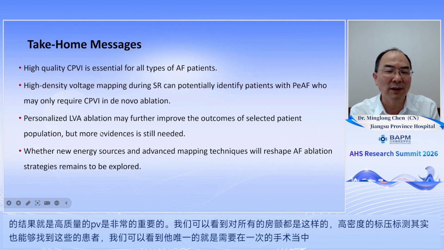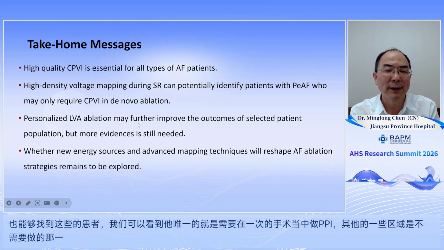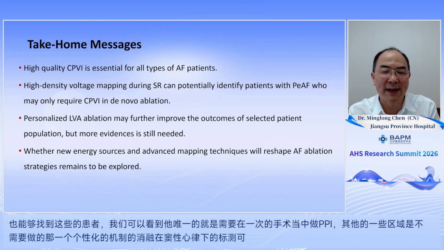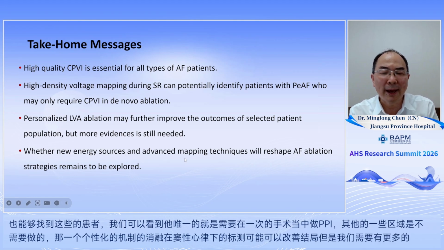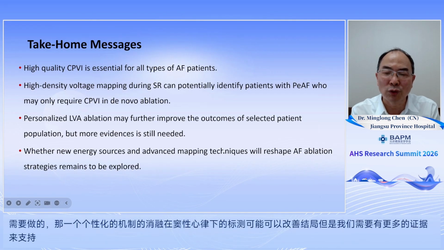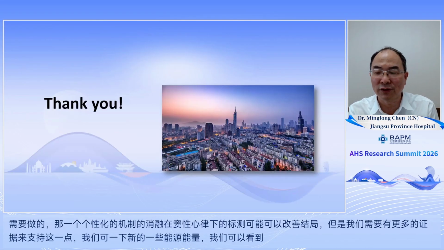Personalized substrate modification guided by a sinus rhythm map may improve the outcomes of selected patients, but we need more evidence to support that. How the new energy sources and advanced mapping techniques will reshape our future ablation strategy remains to be explored. Thank you very much for your attention.